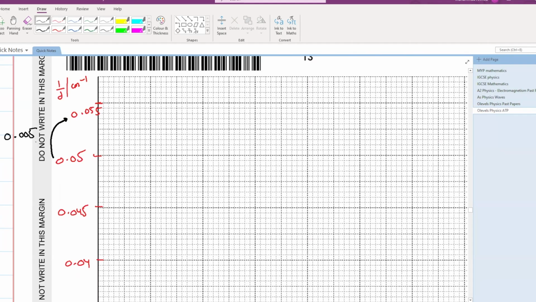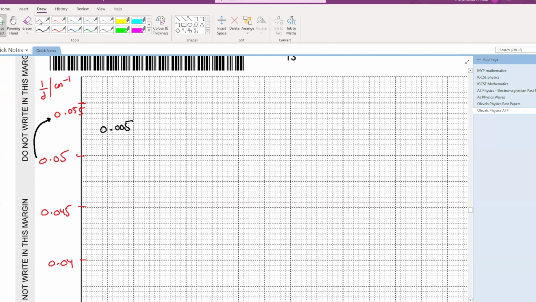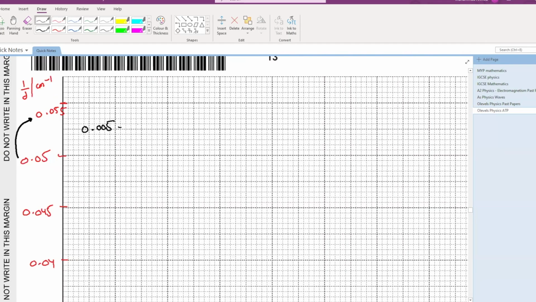And how many boxes are you taking? You are taking 10 boxes. So let's do a little calculation here. 0.005 is covering 10 boxes. Perfect. One box will be equal to what? One box will be equal to 0.0005. Please, please remember this.